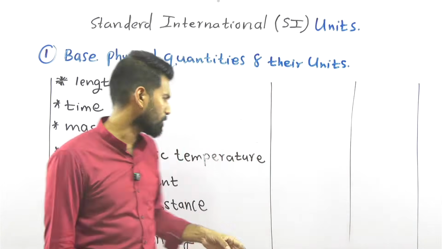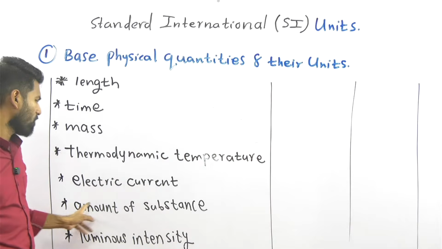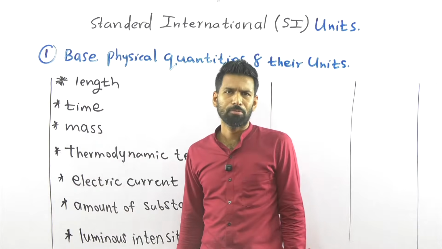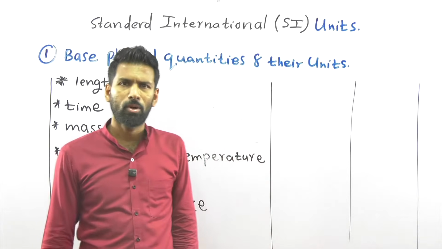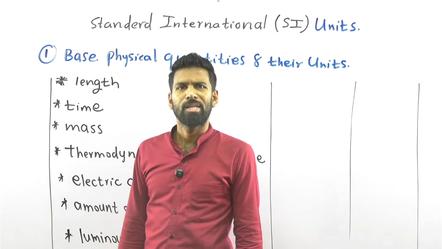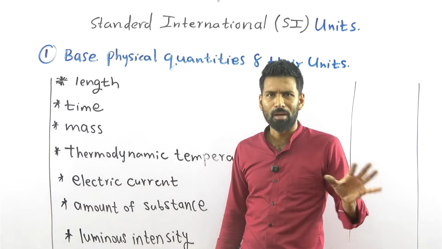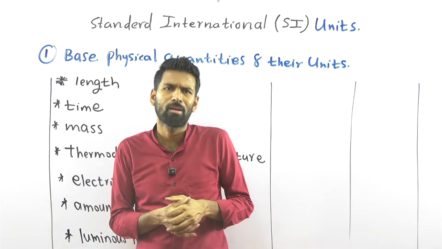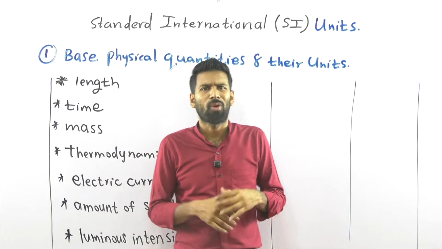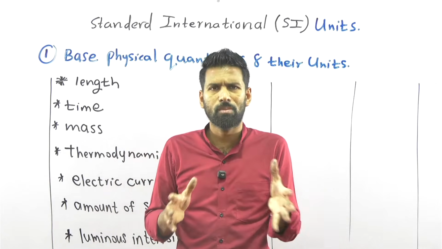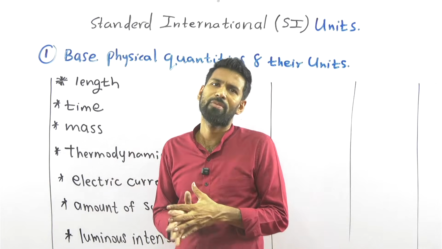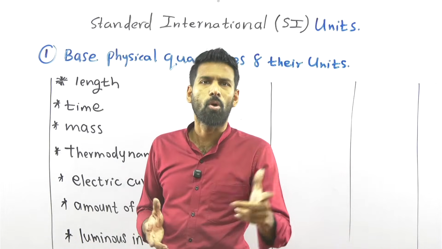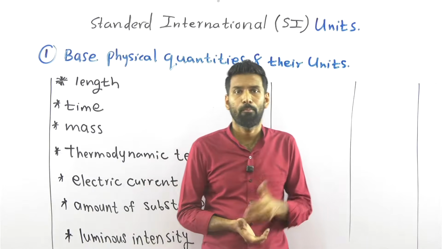What is amount of substance? Just have an idea. Amount of substance is special. Whatever the substance, it talks about the amount. Say you have balls. The substance is balls. When you have 2 balls, you can call it a pair.